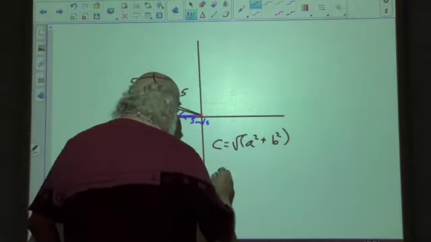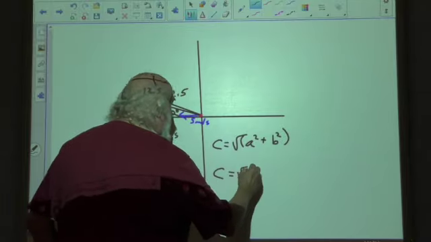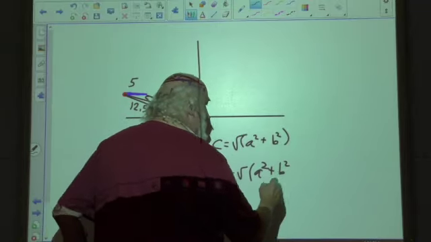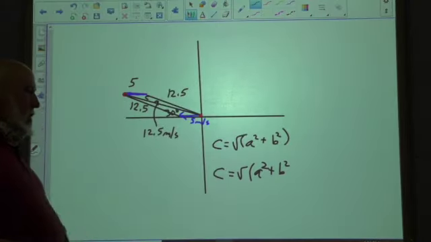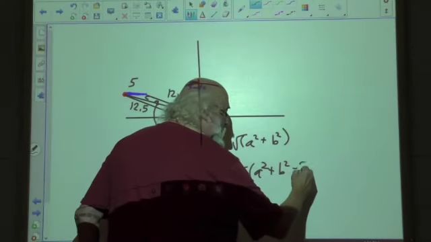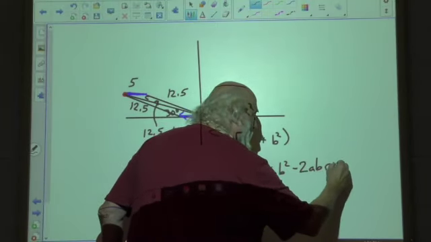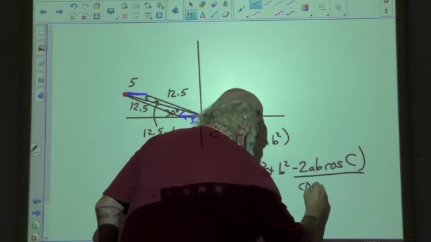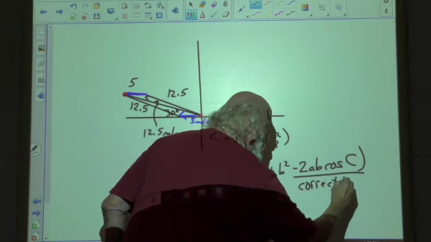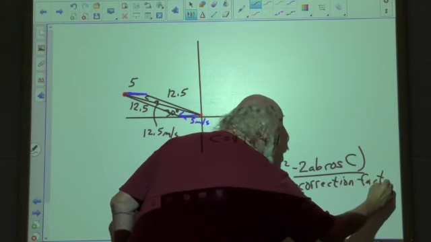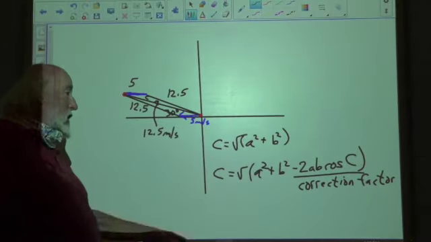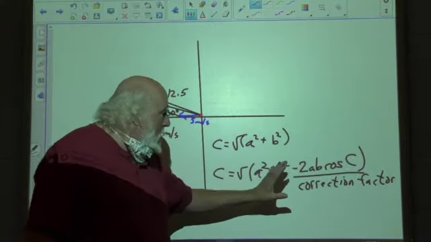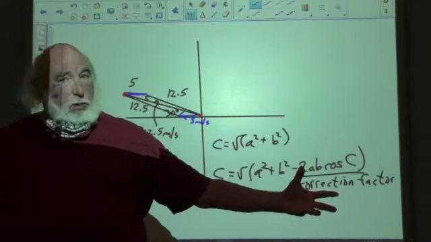That correction factor takes care of the loss of that 90 degrees by throwing in a cosine. That correction factor is minus 2AB cosine angle C. And if C were 90 degrees, a right angle, the cosine of C is 0, and this whole thing drops out, which is what it's supposed to do.